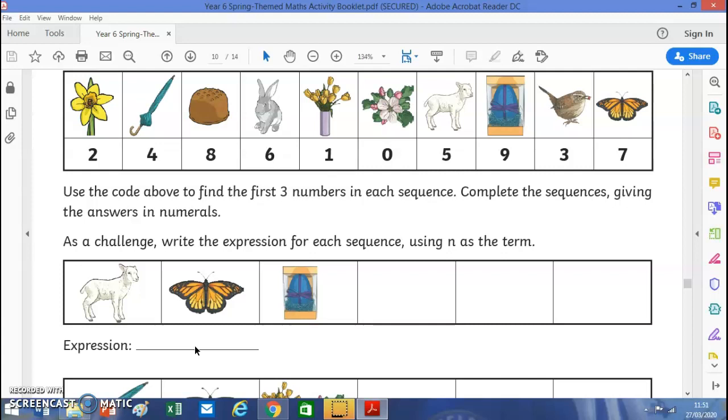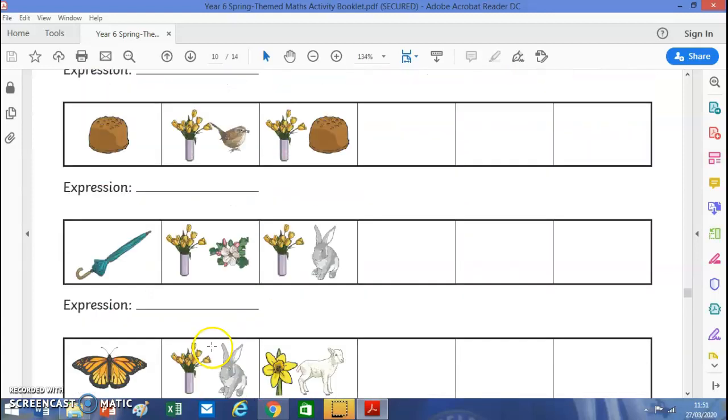Remember, if the sequence requires you to multiply, you put the number that is being multiplied next to the letter, but before it. So if you needed to multiply the number each time by 2, you would write 2n. So I think you'll be able to work that out.